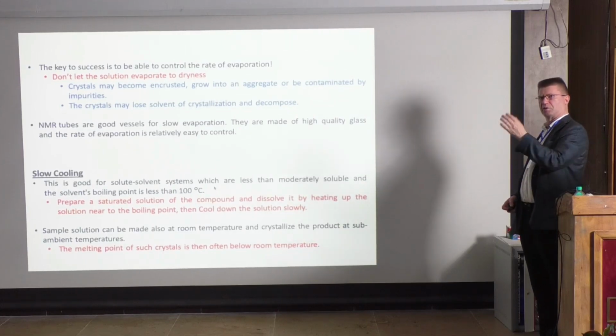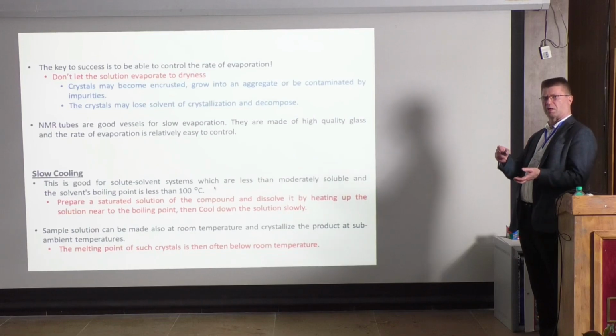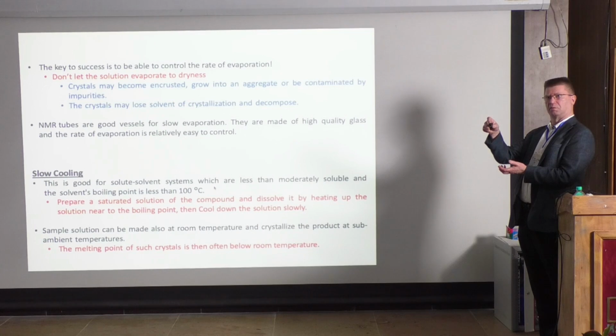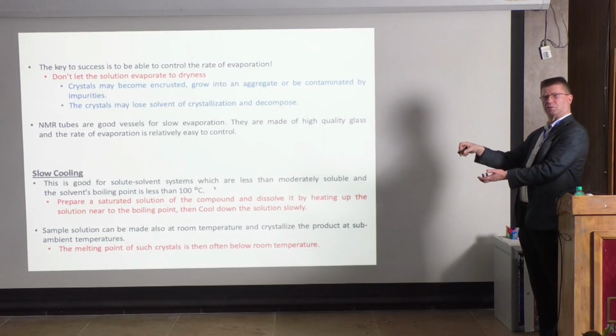So let's say that it's completely soluble at 70 degrees, but it's not soluble at room temperature. What you simply do is put your substance in the solvent, heat it up to 70, then close it, put the cork on, and let it stand.